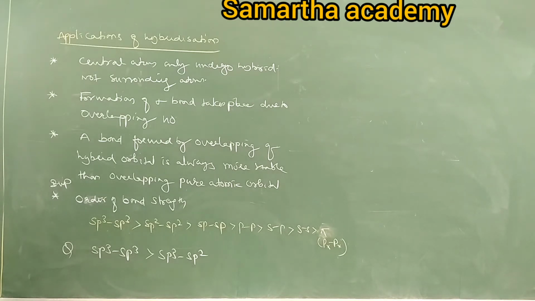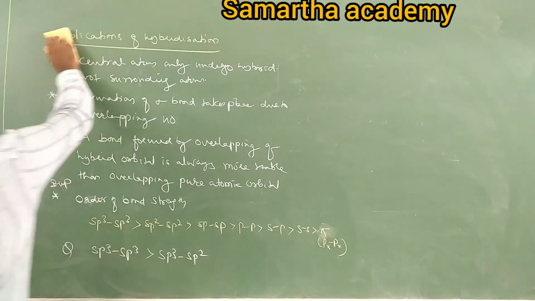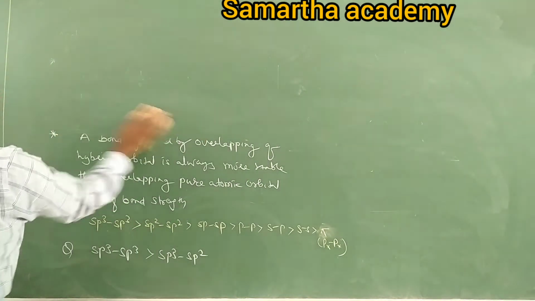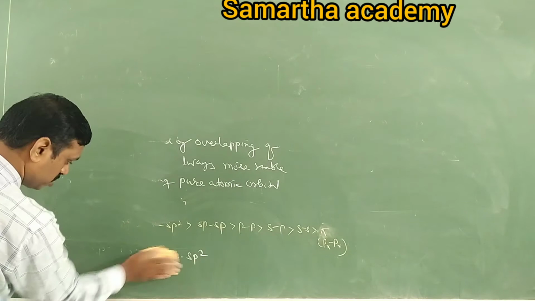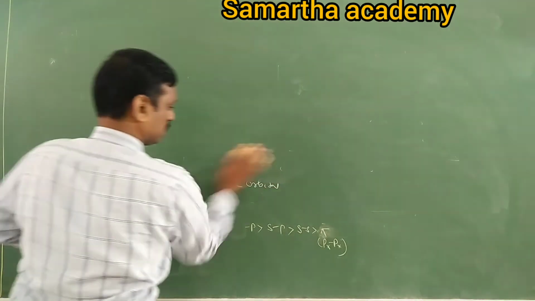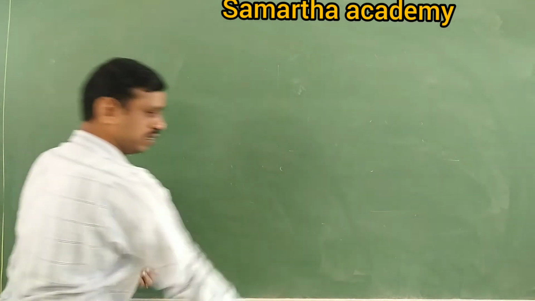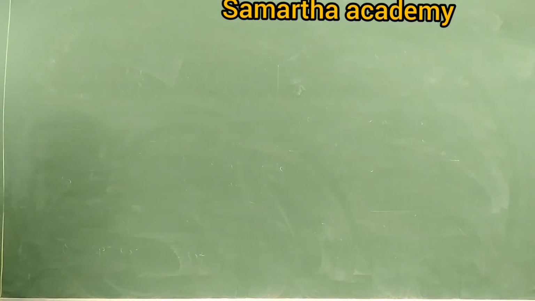Now let's see what the shortcut method is to identify hybridization. This is the routine study, we study even at PU level, but we don't have that much time to solve hybridization problems. Therefore we need a shortcut method to identify hybridization immediately.